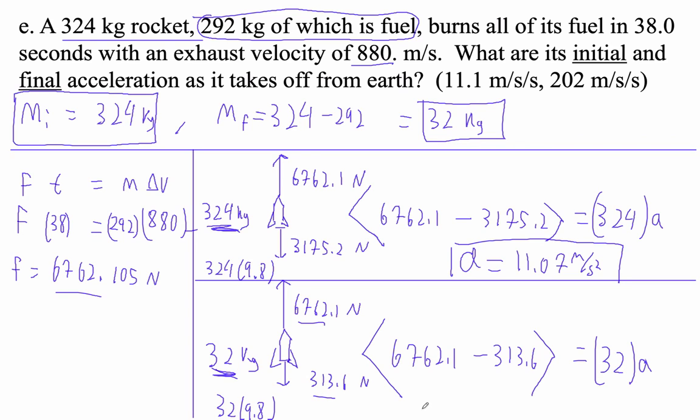This is, by the way, 6448.5 when I do this, right? And then I'm going to divide by 32. And I get 201.5. And there's a little change after that 5, so you would round that up to 202 meters per second squared. Okay?